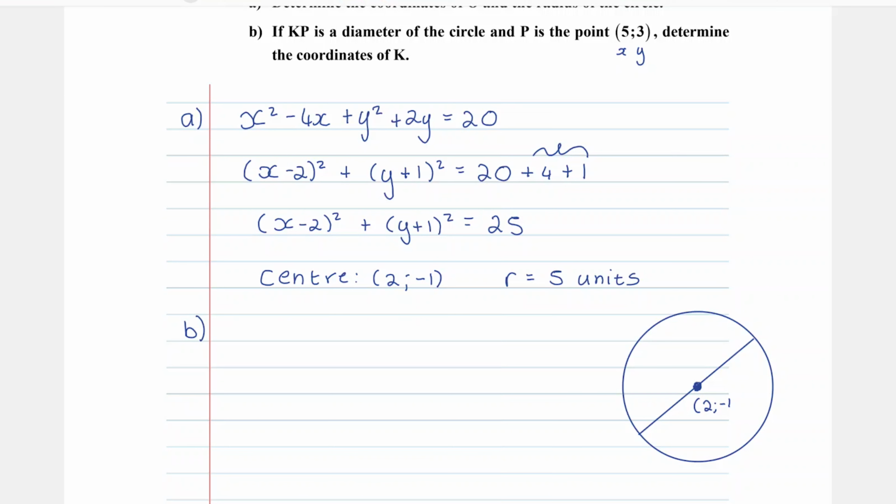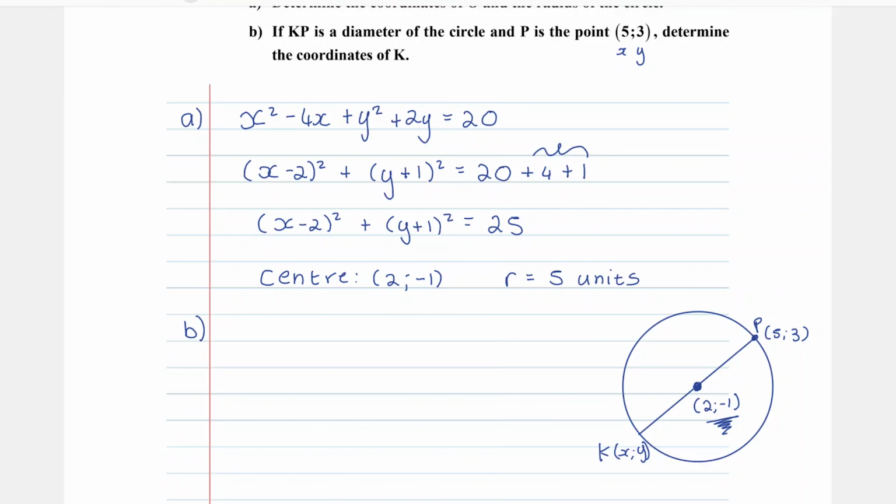And it tells us P is the point 5 and 3. So that'll be up here somewhere. And that's point P. And now we're looking for the coordinates of K, which is x and y. So now we're going to use a little bit of grade 10 geometry, where we know the circle center is the midpoint of the line.